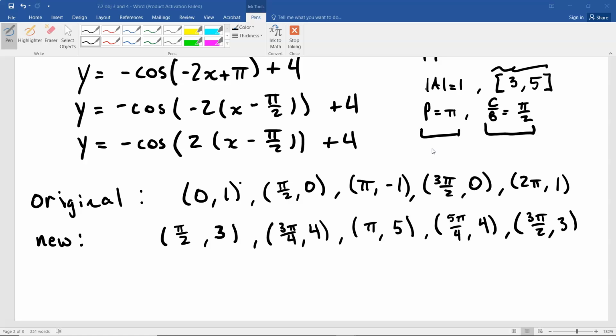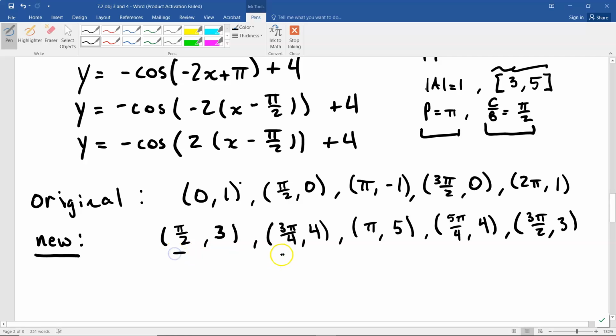Okay, so here we have our final solution. These new coordinates are what you should have gotten for this function. The original quarter points are for a positive cosine function, and here we have the 5 quarter points for this function. So things that are highlighted was that the period and c over b did not change.